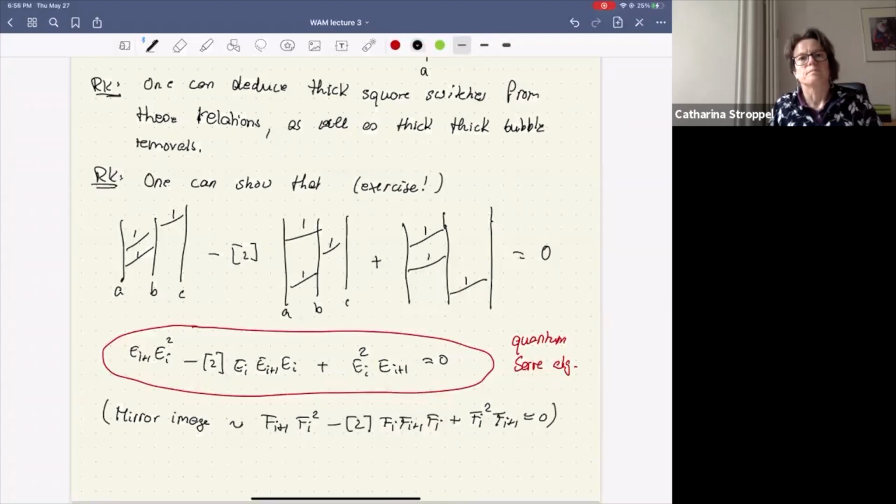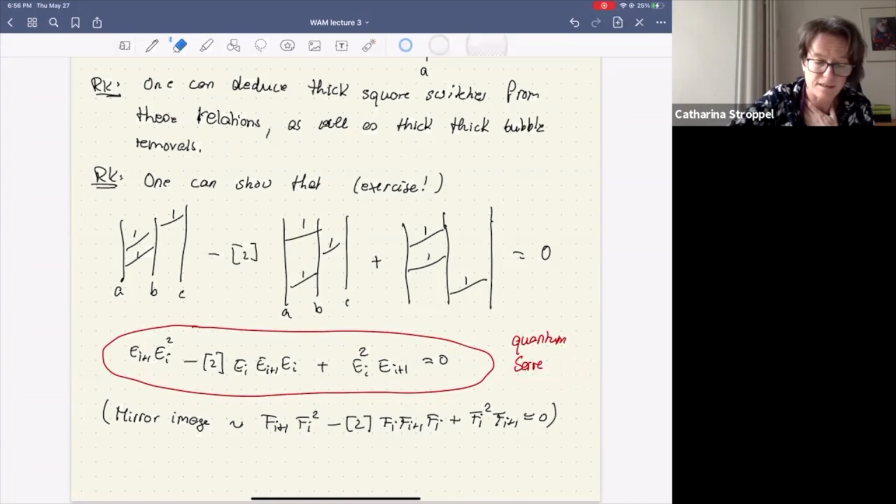Can I ask a quick question? If you take, sort of, dequantize, if you take Q to be 1, for example, what do you recover in terms of E and F? Does that make sense? So if I remove quantum, I have the Serre relations. These are just relations in the universal enveloping algebra.